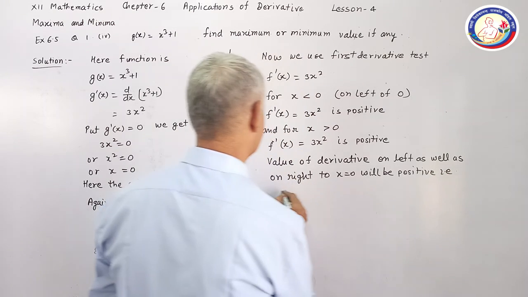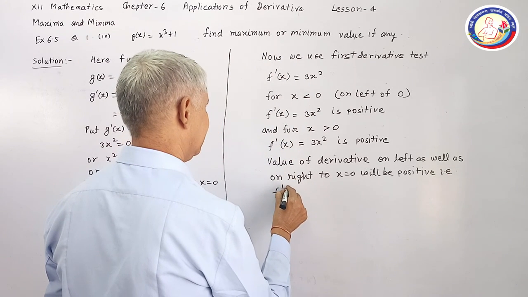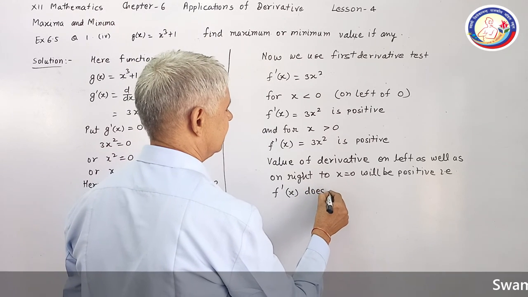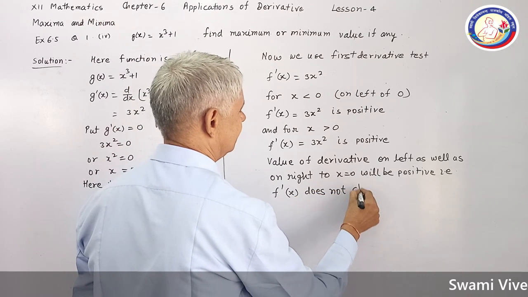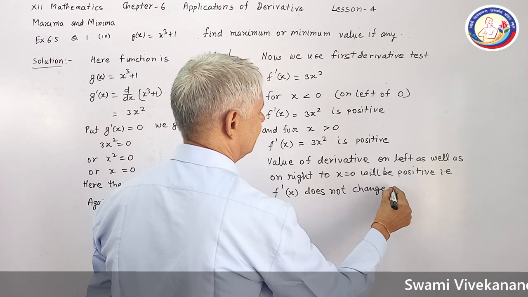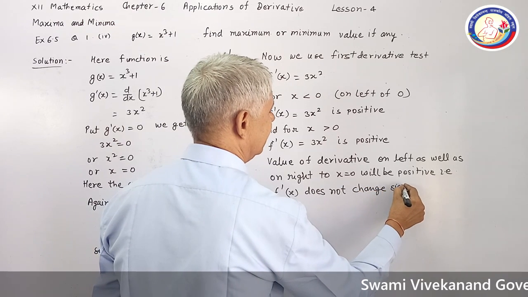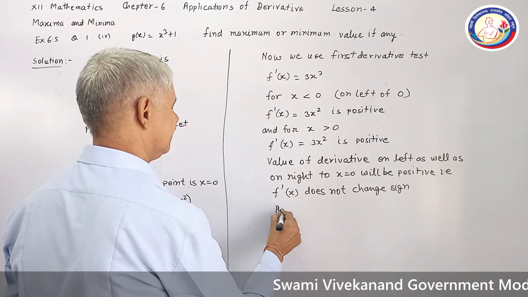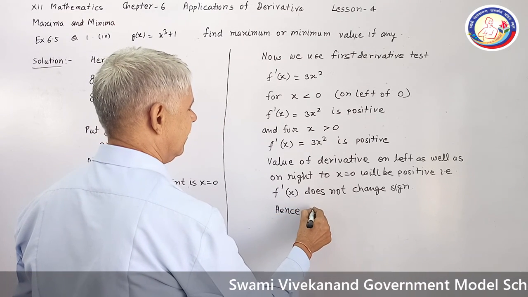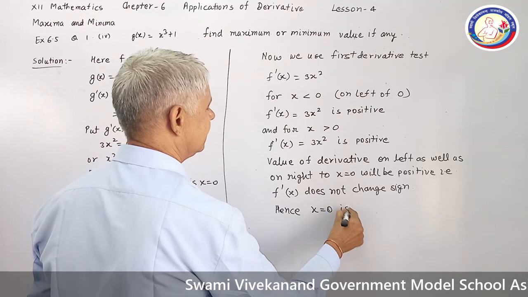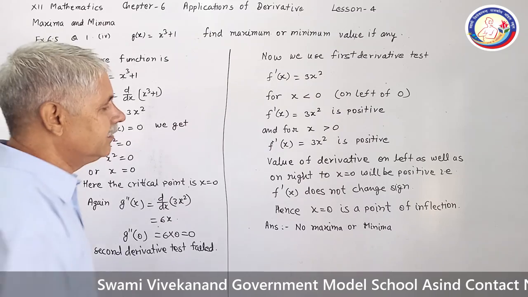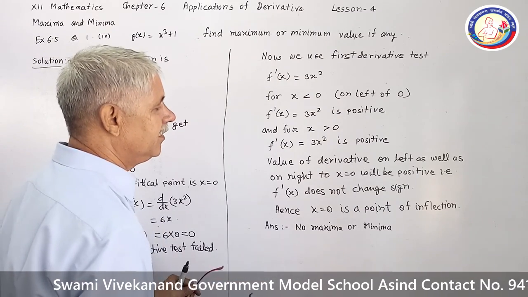This means f dash x does not change sign. Hence, x equal to 0 is a point of inflection. So our answer is there is no maxima or minima exist.